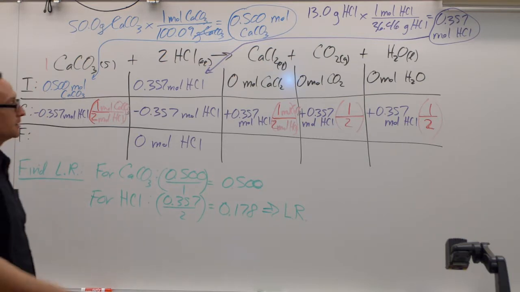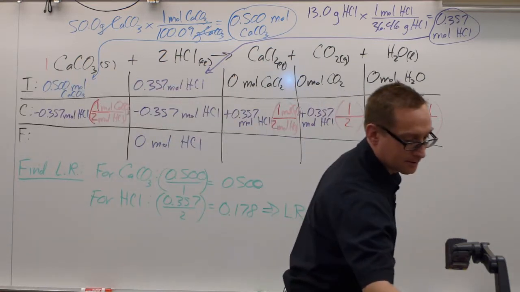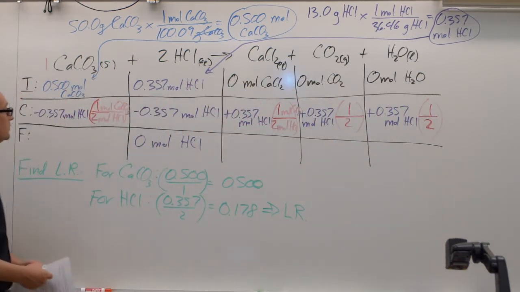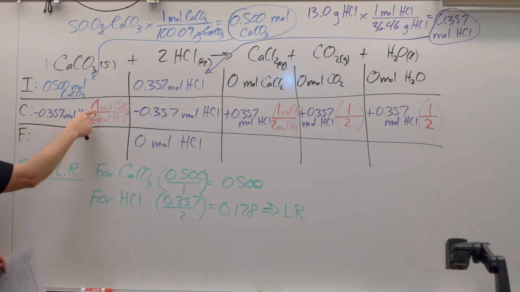Okay, so at this point we can just do some math. We can subtract 0.357 times a half from 0.500.